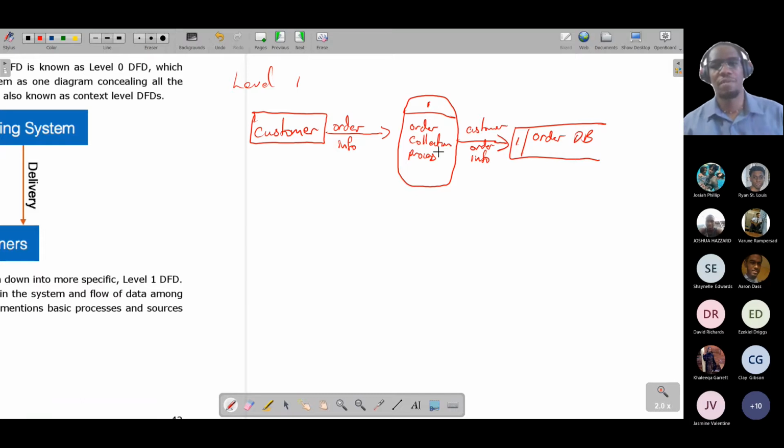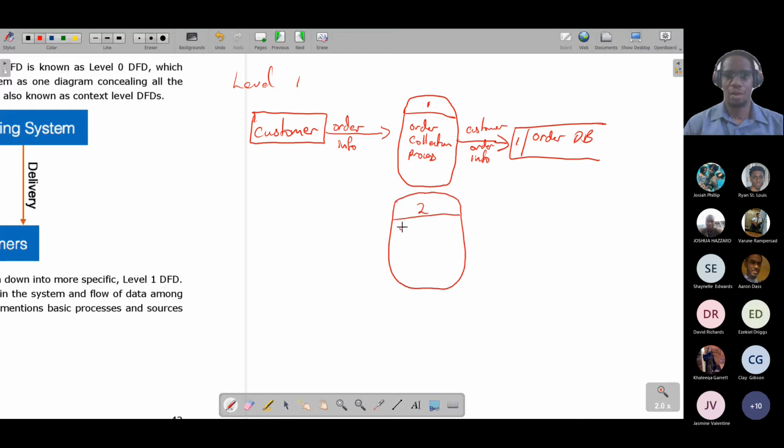This customer order information, once it is stored for processing, could then go to, let's say, a warehouse check process. Warehouse check process.